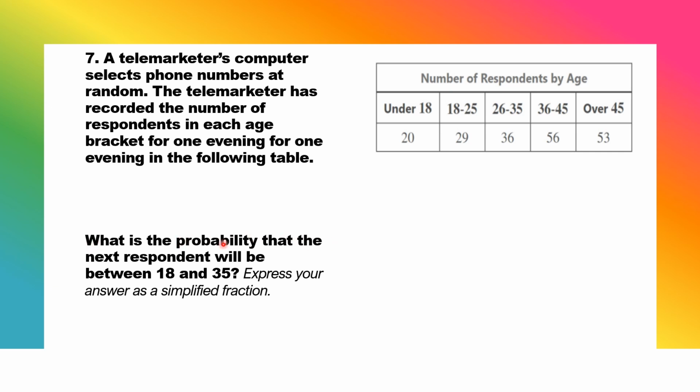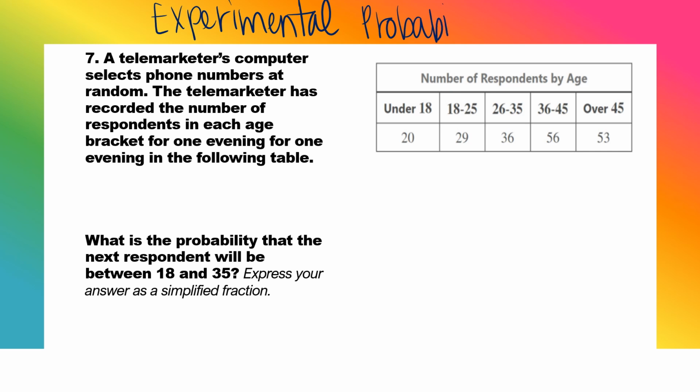It says, what is the probability that the next respondent will be between 18 and 35? This is an example of what we would call experimental probability. And that just means that the probability that we're calculating is based on some previously completed experiment. So the accuracy of this probability is completely dependent on the accuracy of the experiment, right?